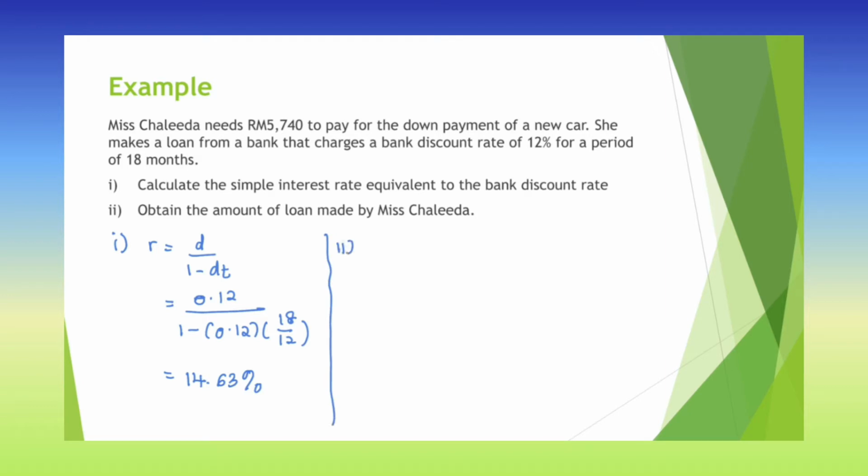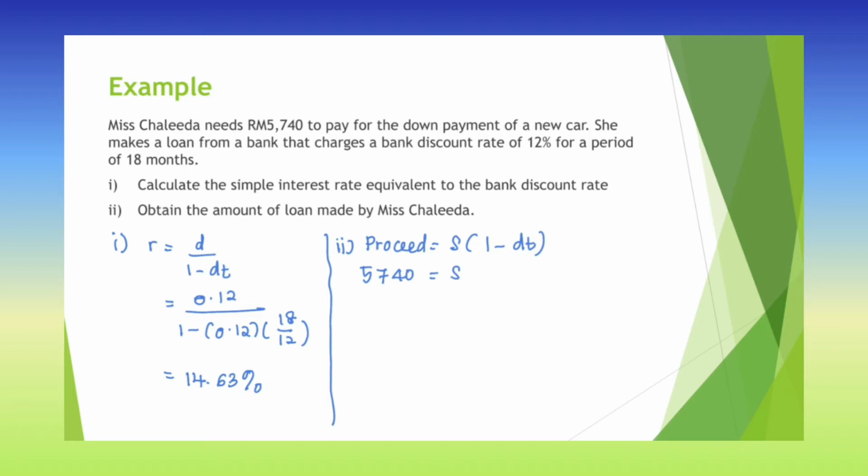For question number 2, obtain the amount of loan made by Miss Khalida. So we can use the formula proceeds equal to S times 1 minus dt. The proceeds here is 5,740.